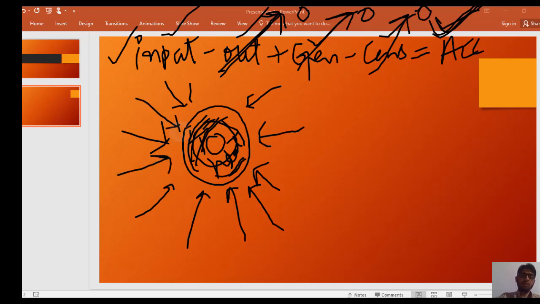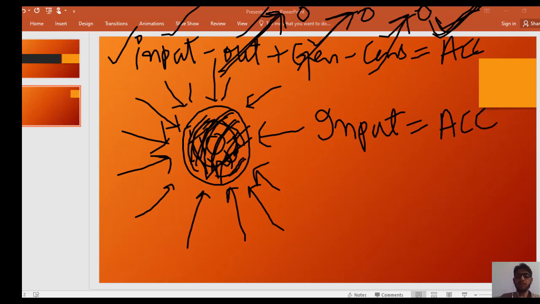Energy which is coming into the system increases the temperature of the copper sphere. So energy into the system, the input energy, is equal to energy accumulated in our spherical copper material. Energy entering the system increases the temperature of the system.